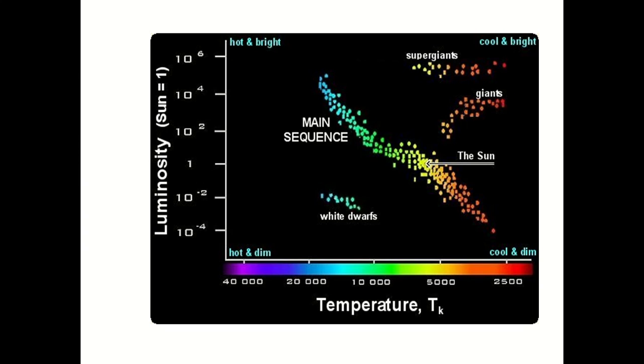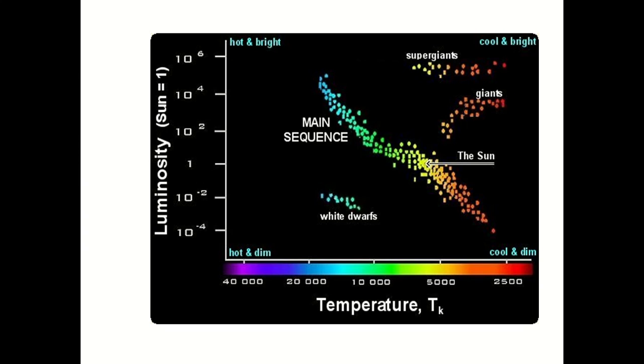On the y-axis you can see the luminosity, or sometimes we represent the absolute magnitude, and on the x-axis we have the temperature. Every dot on this diagram represents a star whose temperature is read on the horizontal axis, and whose luminosity or absolute magnitude is read on the vertical axis.